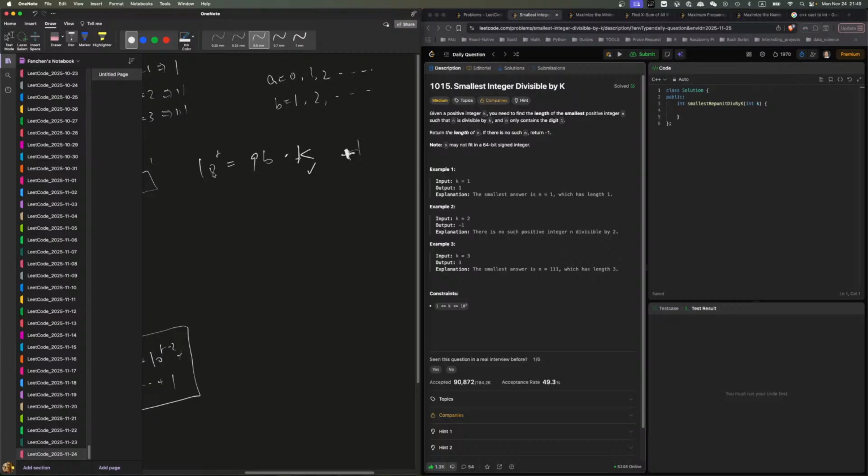It has to be, so this 9b times k has to equal something something 9, right? It has to end with 9, which means b times k needs to end with 1, right? B times k needs to end with 1. That's the same thing.